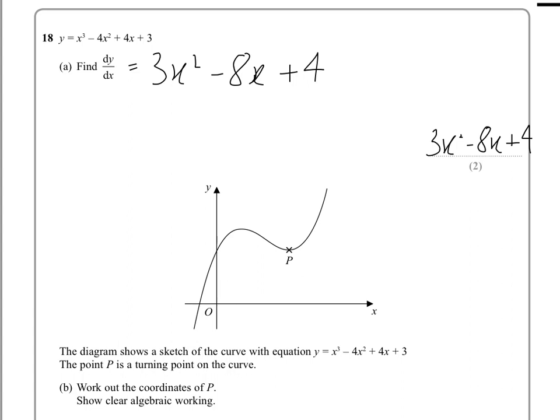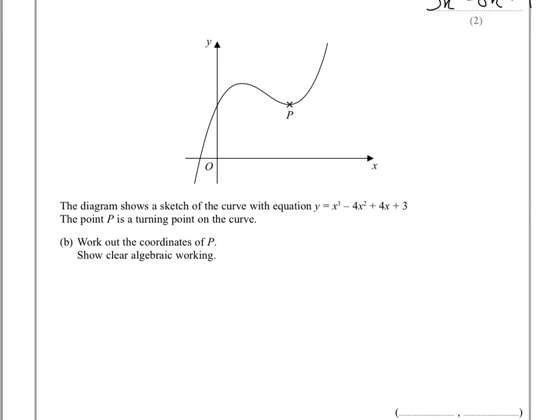In part B then, we're told that the diagram shows the sketch of that equation. Point P is the turning point. Now what's important about a turning point is that the gradient at that point is 0. So once it turns, as it's on its way down for example, the gradient's negative, on its way up it's positive, but at that point it's 0, and the same goes for that one there.